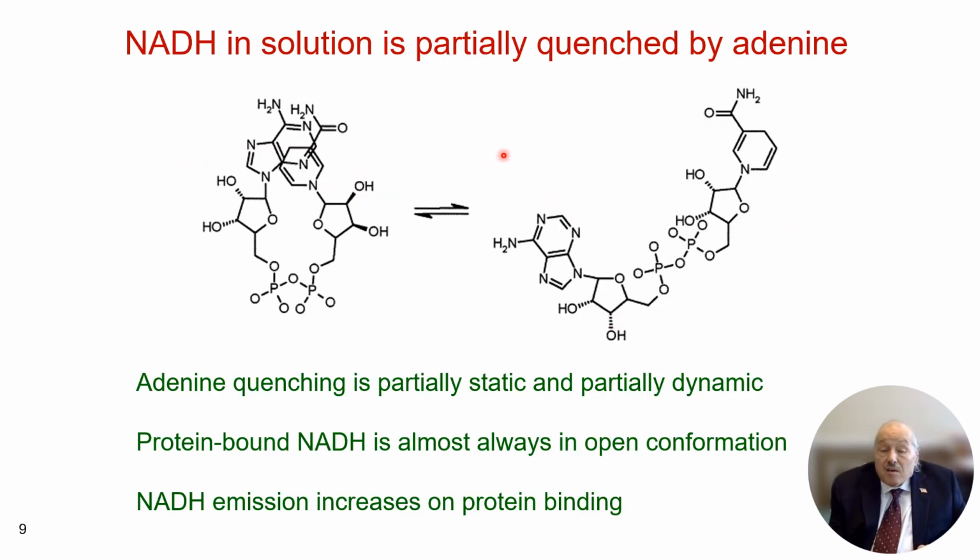So how does NADH behave in solution? Well, it's a pretty large flexible molecule, and it's quenched by collisions with the adenine. So the NADH fluorescence is not as bright as it could have been because it's always bouncing against the adenine.